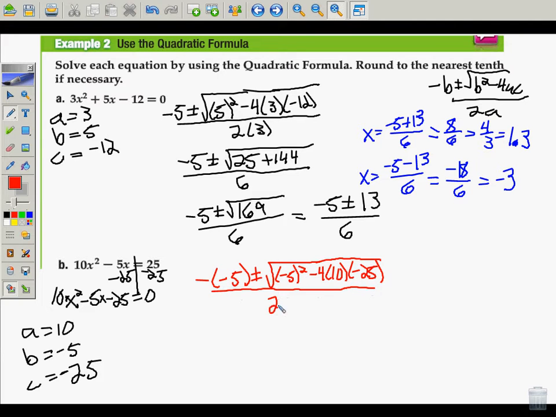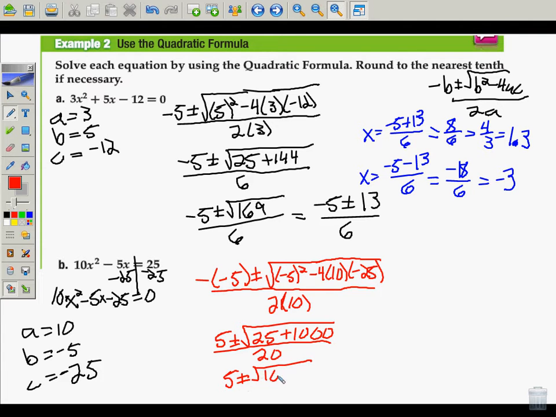So now negative negative 5 is positive 5, plus or minus the square root of negative 5 squared is 25, minus 4 times 10 is negative 40, times negative 25 is plus 1,000. All over 2 times 10 is 20. So I get 5 plus or minus the square root of 1,025 all over 20.